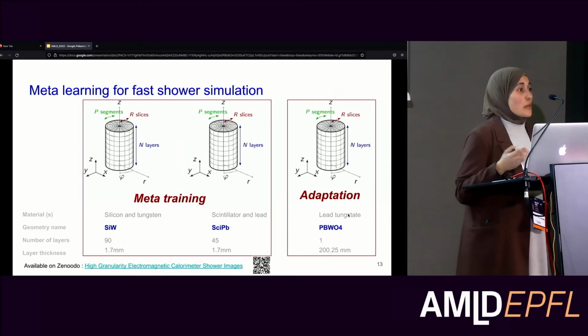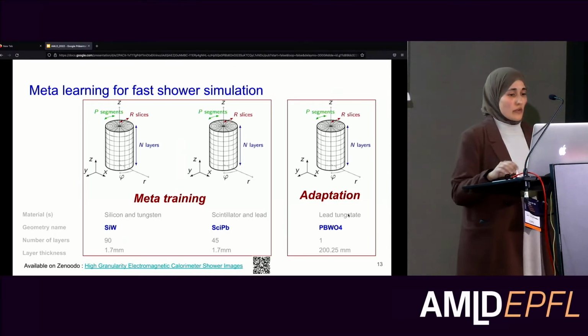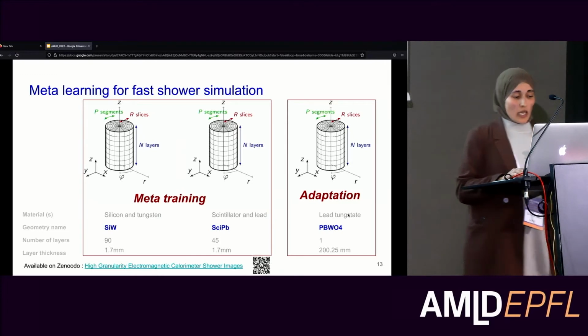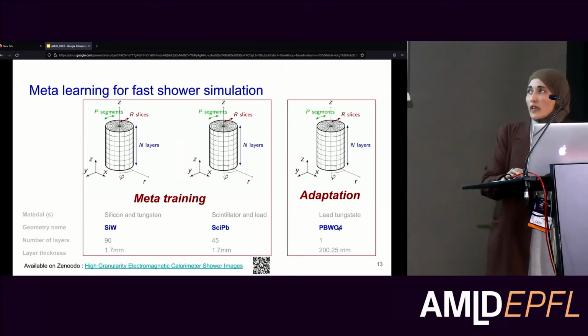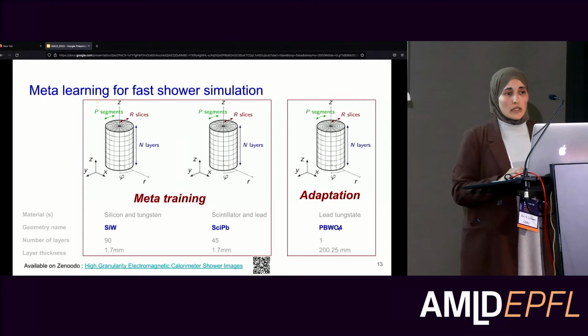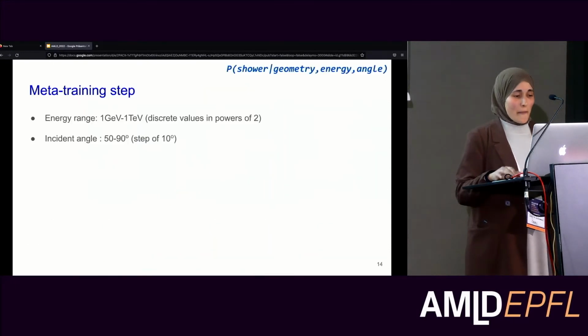In other words, reproducing the distributions of our physics quantities. The data is actually available in Zenodo if anyone is interested in using it.